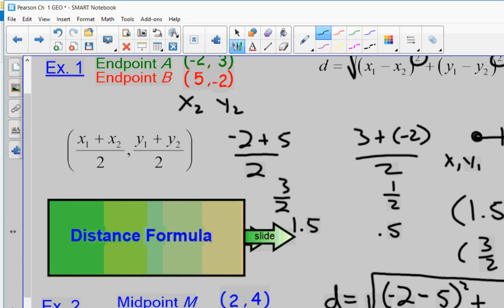My y1 was 3, and my y2 is -2. Remember, I'm subtracting a negative value and squaring it, so this is going to change signs. You've got to be careful with your math on some of this.